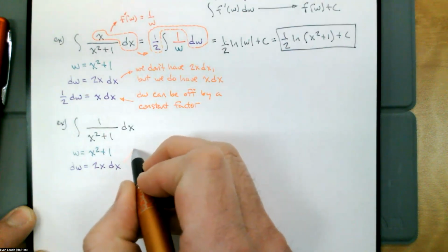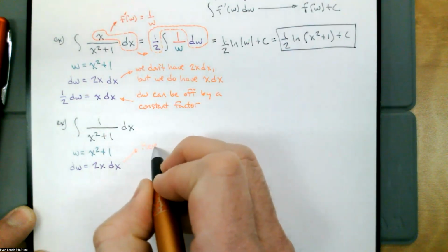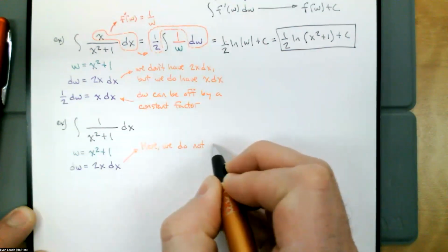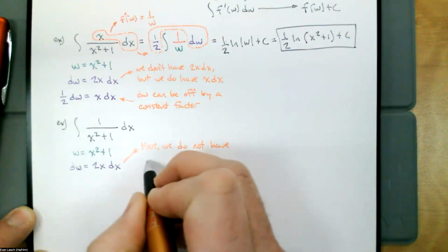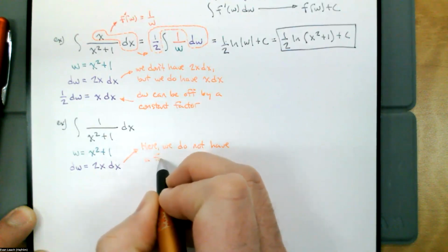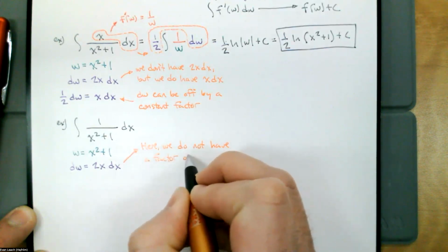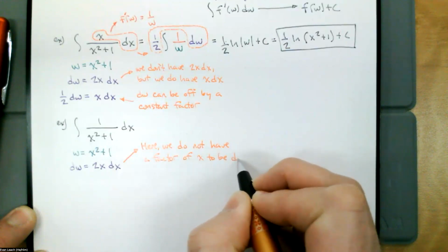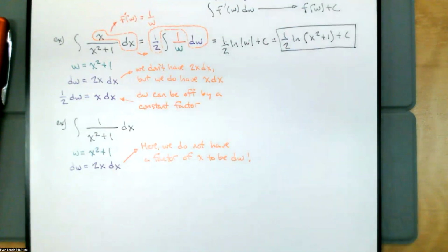So here, we do not have a factor of x to be the dw. This substitution is not going to work.